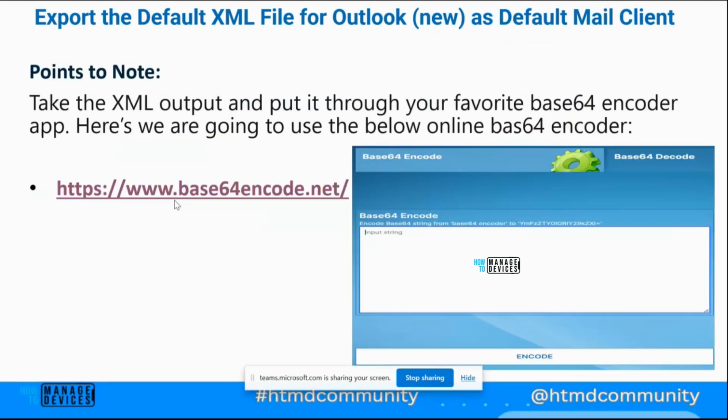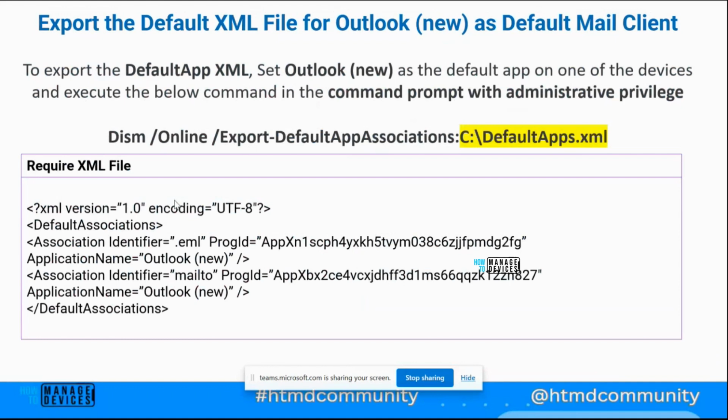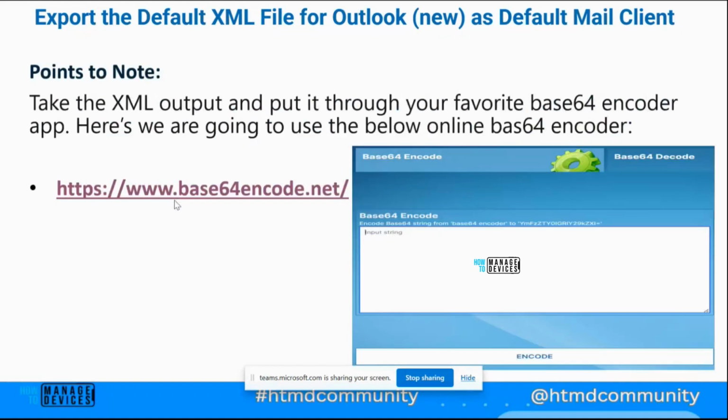So again, once we take the XML file, how can we convert it into base64 encoded format? You can take this XML output and put it into your favorite base64 encoder app. There are so many online apps available. In this particular example, I'm taking baseencode.net as an example.